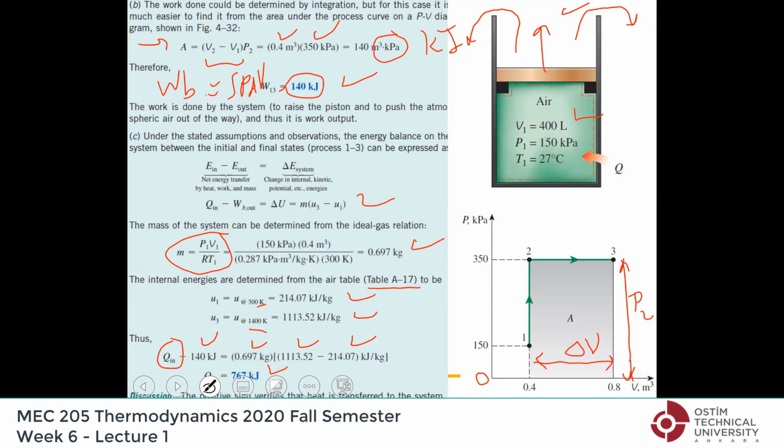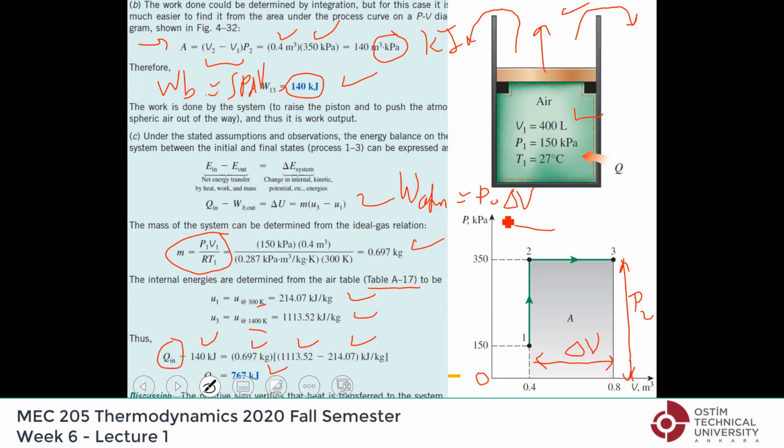Will the pressure of the air outside change? No. No, which means constant. So let's call it P0. So this will be the atmospheric work. P0 times delta V, which is the same as delta V of the system, right?